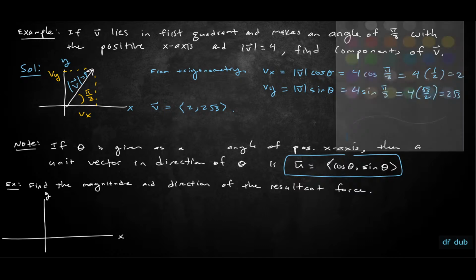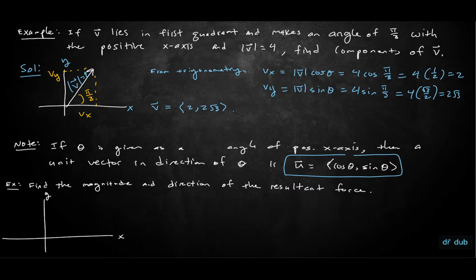So I got two forces here. I'm going to just graph them. The first force is 200 newtons this way, and that angle that it makes right there is 60 degrees. The second force is along the x-axis, actually along the negative x-axis, and it's 300 newtons.